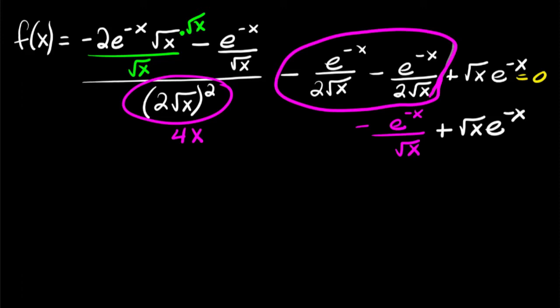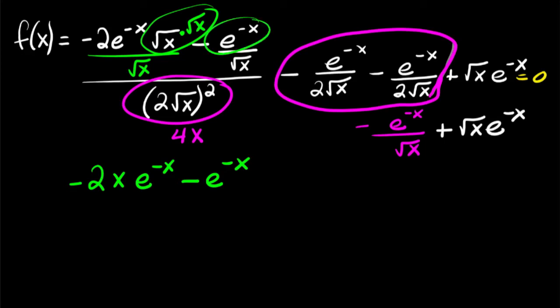And so then what I would get is minus 2 square root of x times square root of x, that equals x e to the negative x minus e to the negative x, right? This guy right here, all over square root of x.